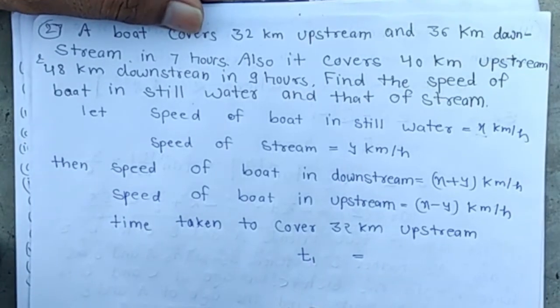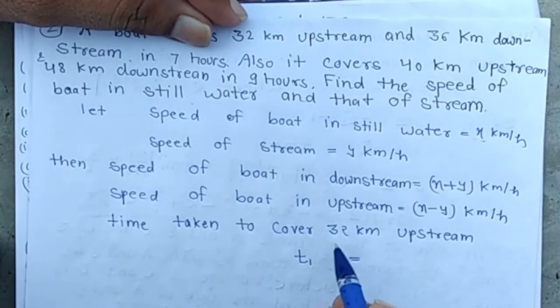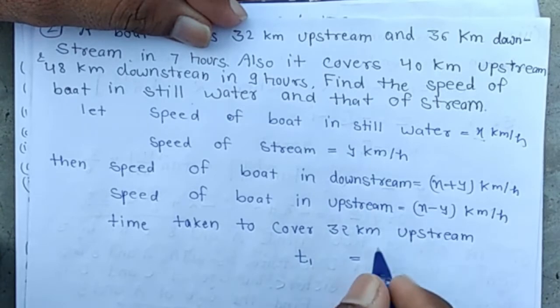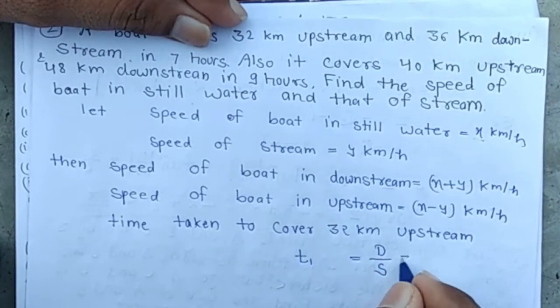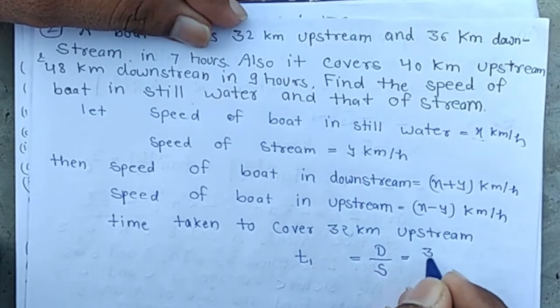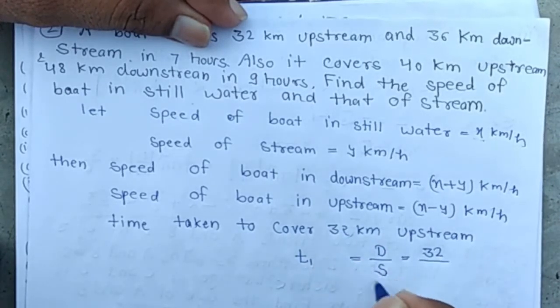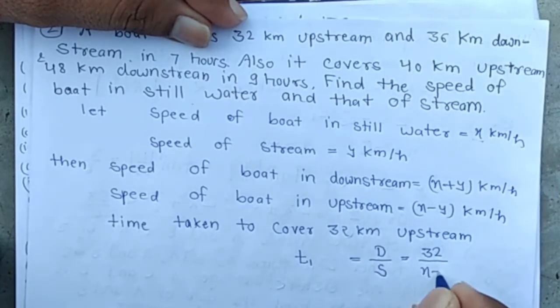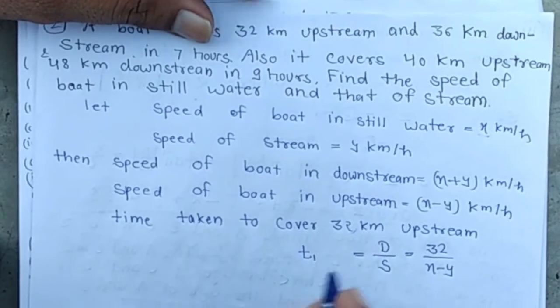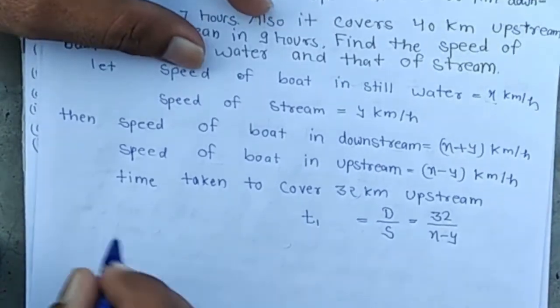Time equals distance upon speed. Distance is 32 km and speed in upstream is x minus y. Then t1 equals 32 upon x minus y.